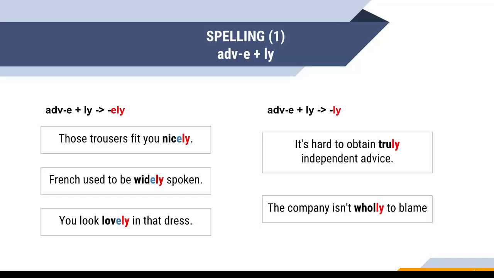It's hard to obtain truly independent advice. The company isn't wholly to blame. So there are cases in which the adverb is formed from an adjective finishing in e, but this e is not written when the adverb is formed. True, truly, whole, wholly.